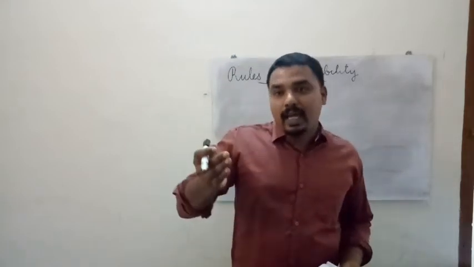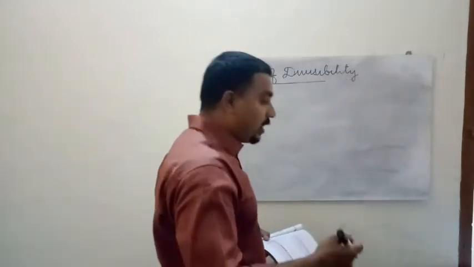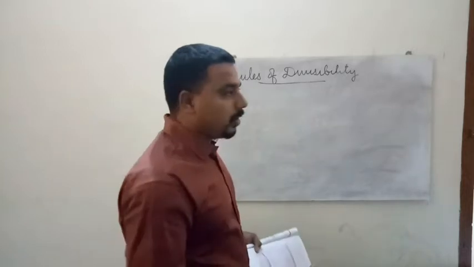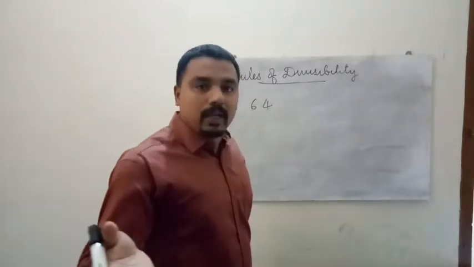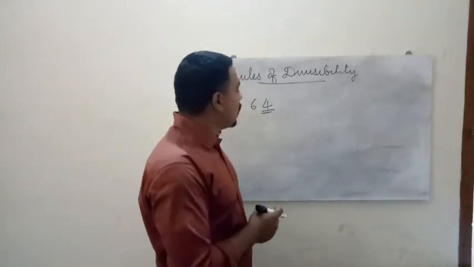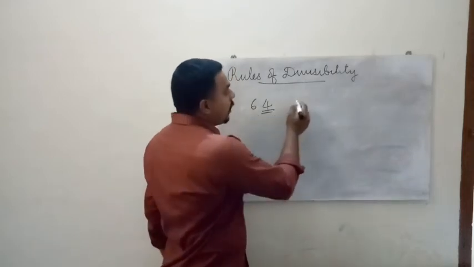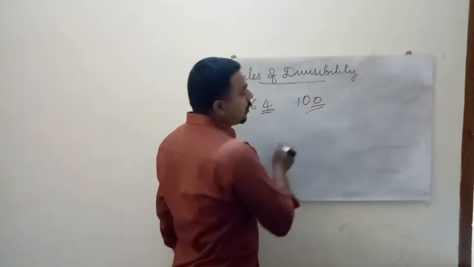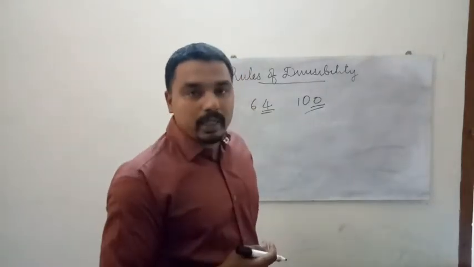We have to check the last digit, whether it is an even number or odd number. For example, 64. 64 is exactly divisible by 2. Why? Check the ones place. You can see it is an even number. Next is 100. See, the last number is 0. It is exactly divisible by 2.